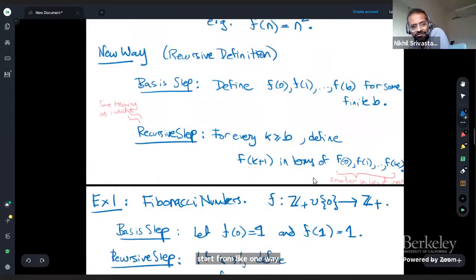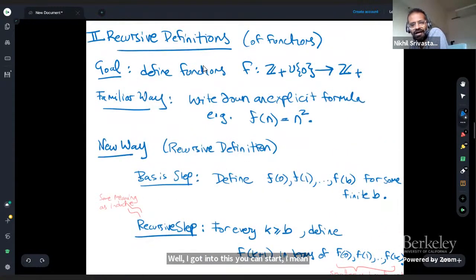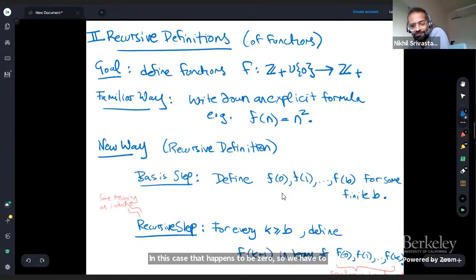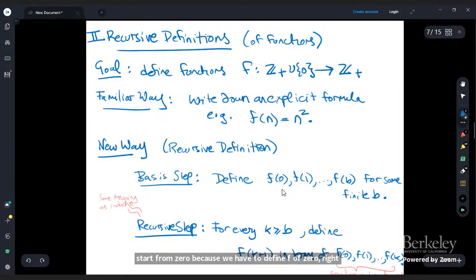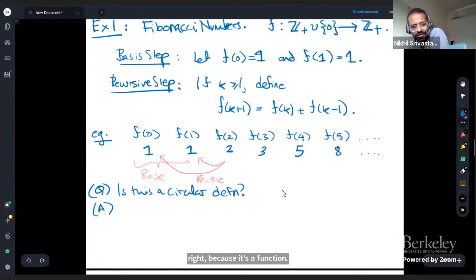Well, right now I've done everything with 0. If you're defining a function on a different domain, you could start from the smallest element of that domain. In this case, that happens to be 0, so we have to start from 0 because we have to define f of 0. But okay, it's actually not related to the fact that the function is increasing.